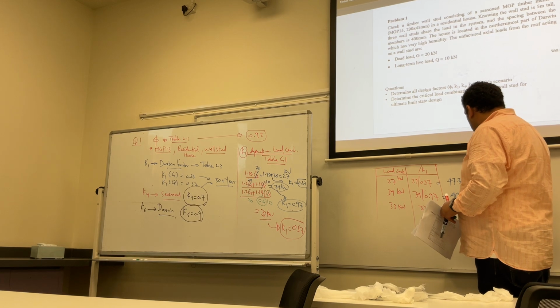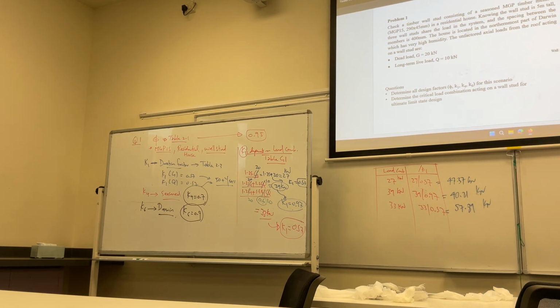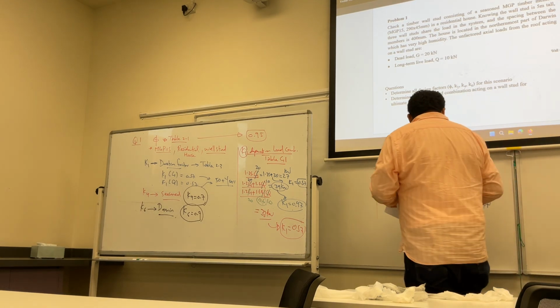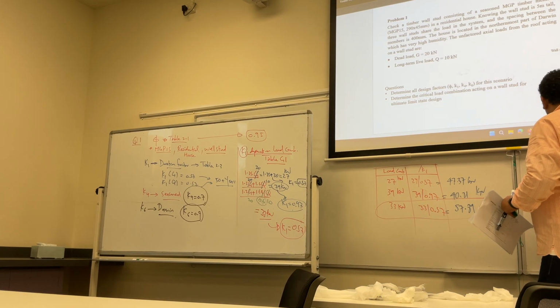So this is the load combination after we apply the factor K1. What we should do is calculate the load combination, determine K1, then compare. Which one is the most critical one? The bottom one, the third one.